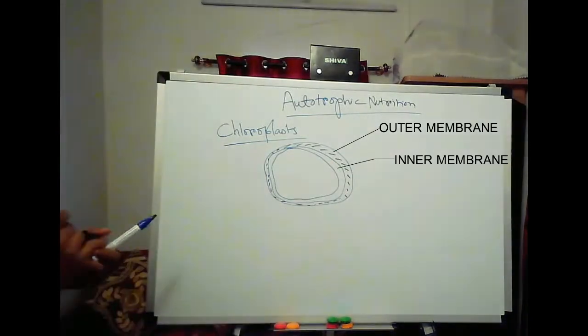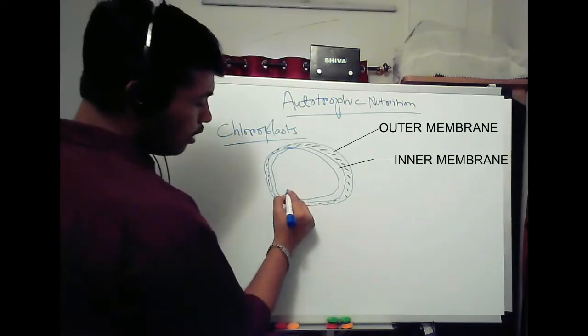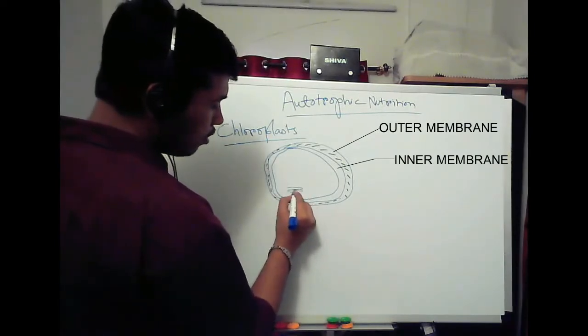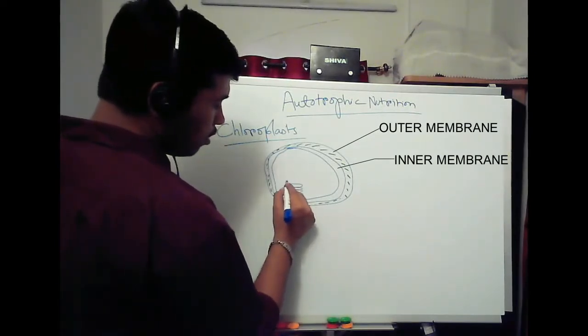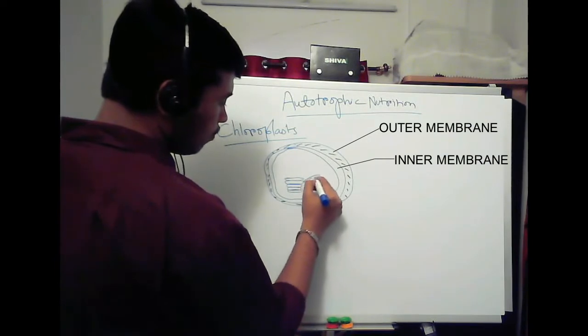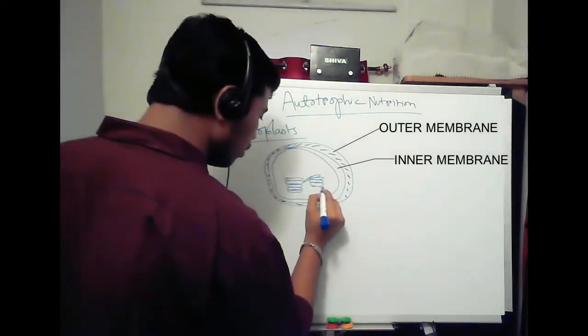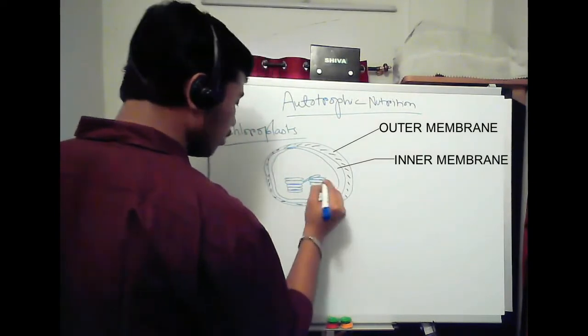In the inner membrane we can always find structures like this, stacked one on top of the other, and all the stacks are linked to each other.